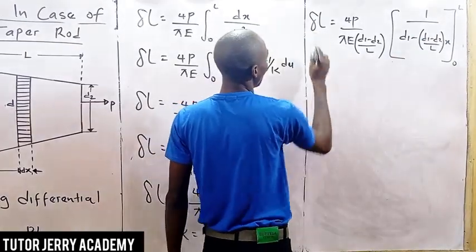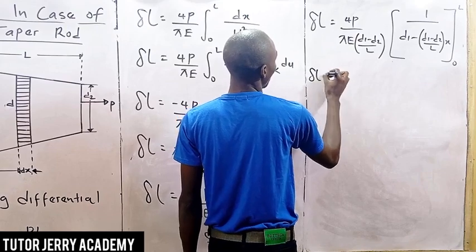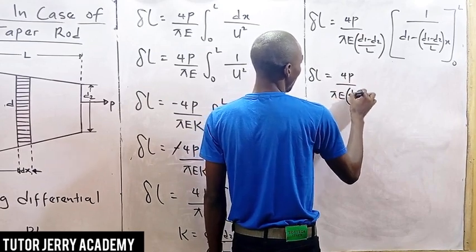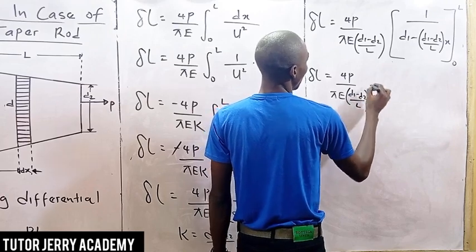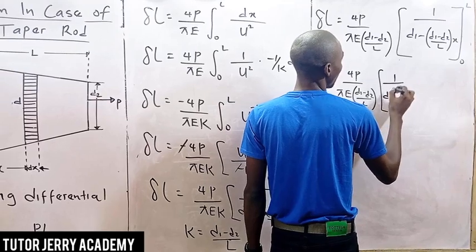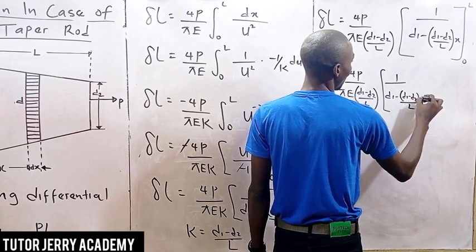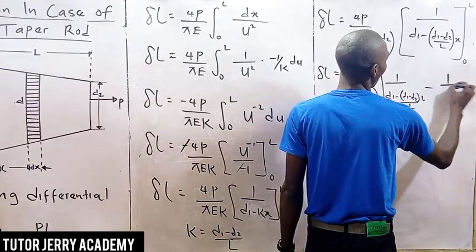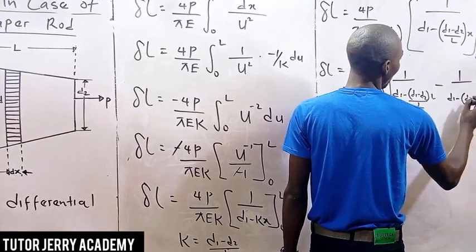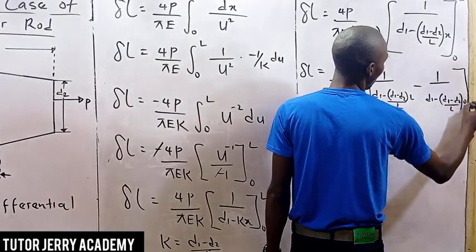And we are going to have our dL be equals to 4P all over pi E into D1 minus D2 all over L into, so this is going to be 1 all over D1 minus, we are substituting for s, D1 minus D2 all over L, then L here, minus 1 all over D1 minus D2 all over L, then 0. Then we close the brackets.